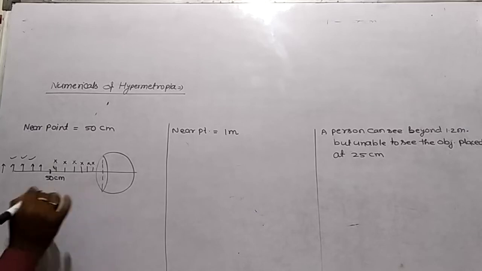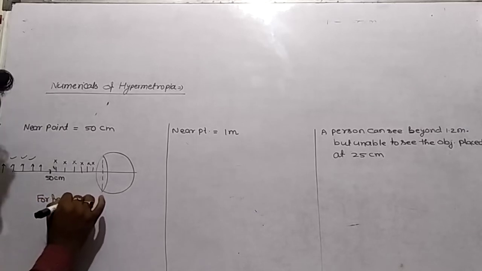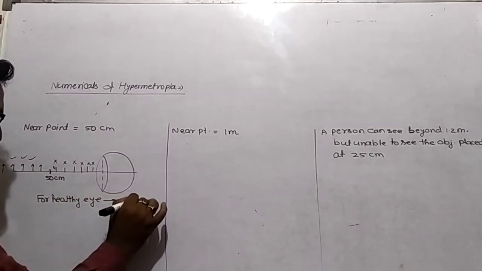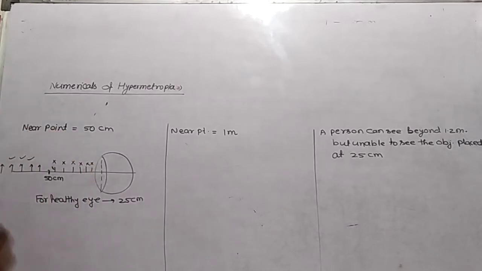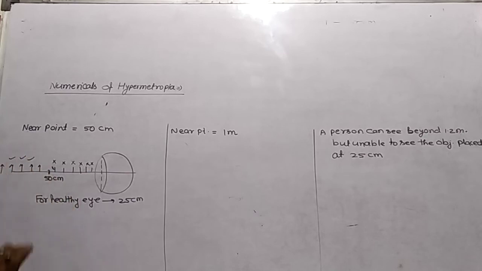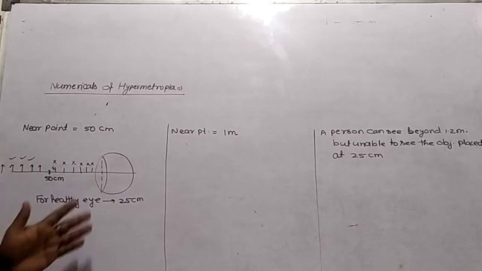For a healthy eye, it is about 25 centimeter. But now, as this eye is defective, the person has myopia, so the person can see from 50 centimeter. So our first question is, why do we need a lens? We need a lens for seeing the object beyond 50 centimeter or inside of 50 centimeter?